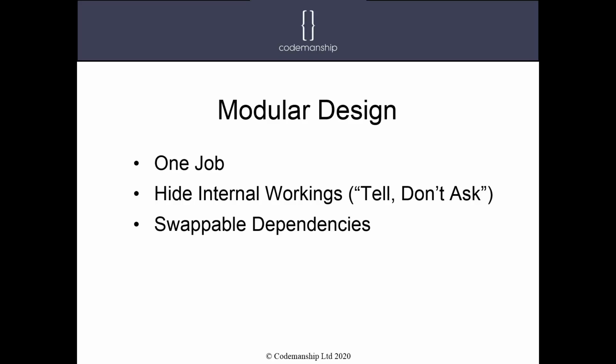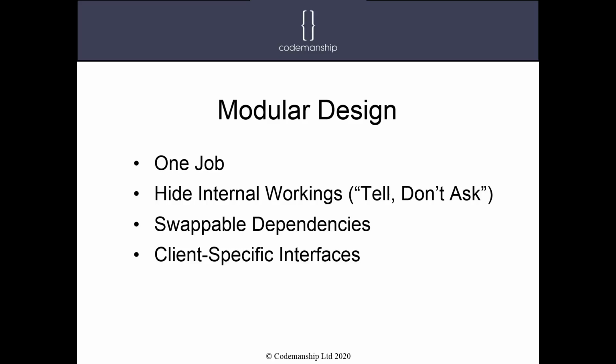Having said that, there is a kind of a flip side to this final principle of client-specific interfaces, which also comes at it from the client's point of view, but is more about what the client knows that they don't need to know. And we'll see an example of that later. So there you go, 4 principles of modular design. Each module should do one job.